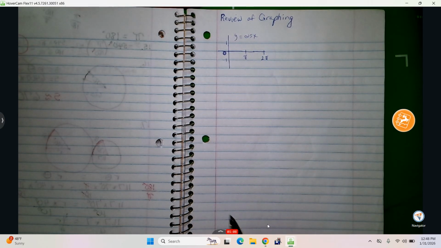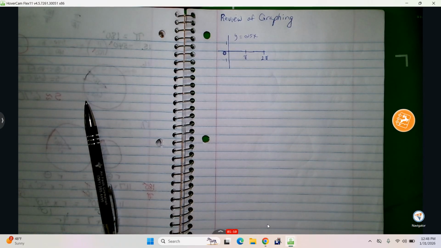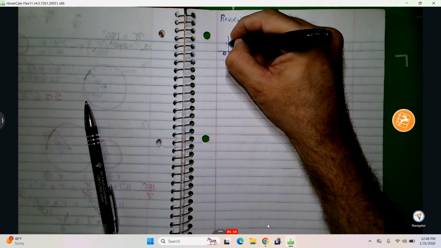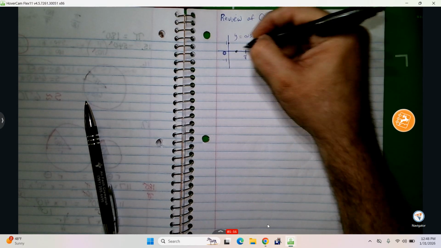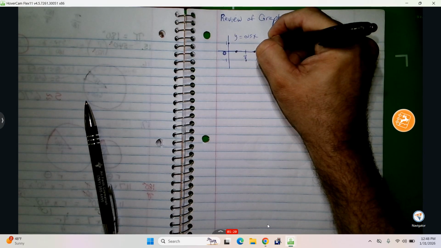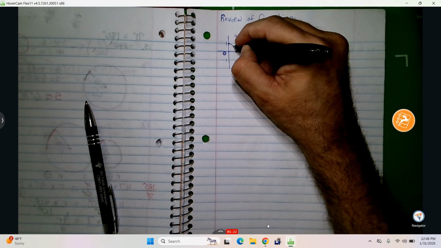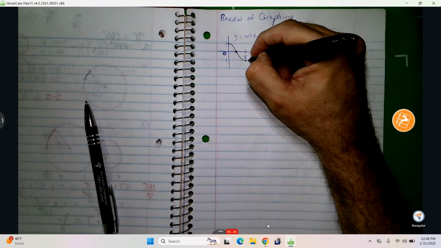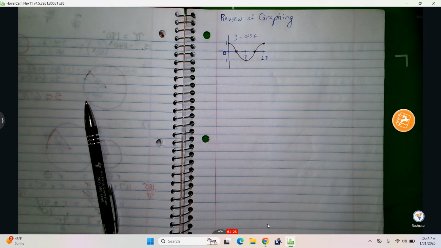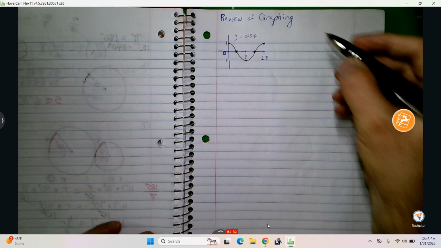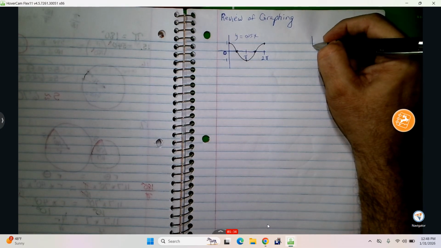And if you were going to just sort of stick the graph in there, it starts off at 1. There. And let me see, something like that. This is the graph of y equals cosine x. And let me just go ahead and graph y equals sine x over that same period from 0 to 2 pi.